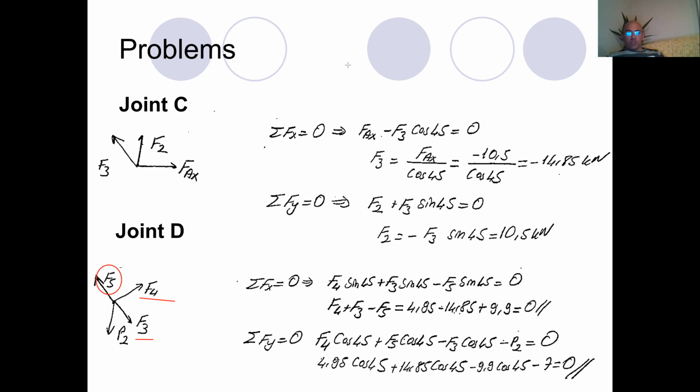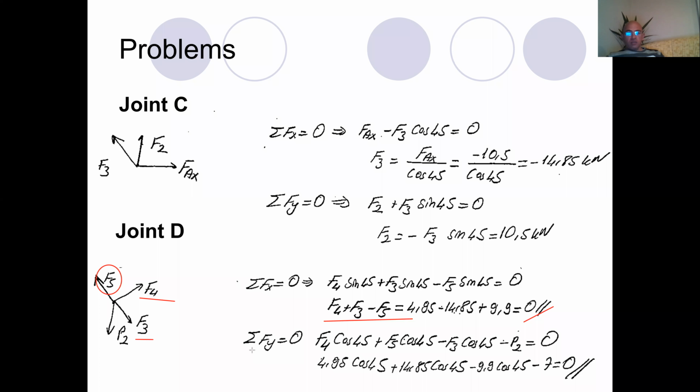If we do the calculation, if we put the values, that is equal to F4 plus F3 minus F5, because all these sine terms will be eliminated, so they do not have any contribution. As a result, we have 4.95 minus 14.85 plus 9.9, and this gives us 0, which validates our calculations.